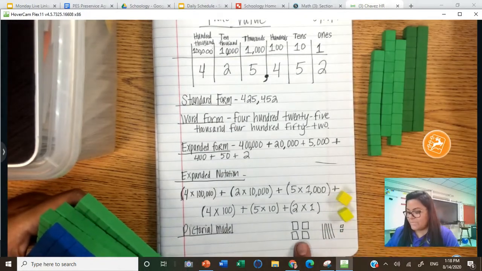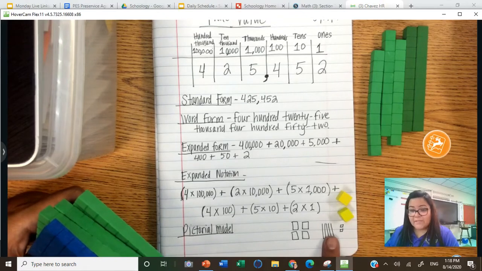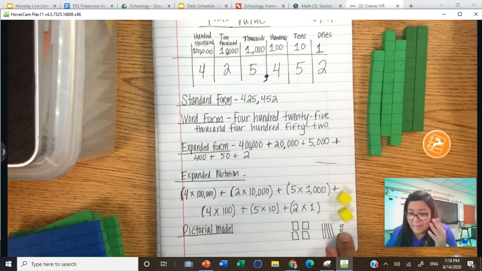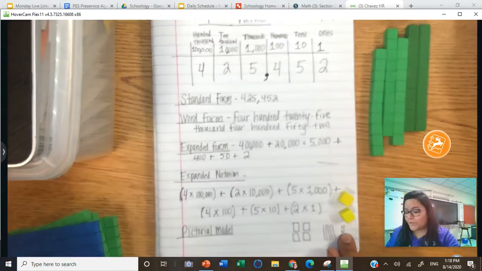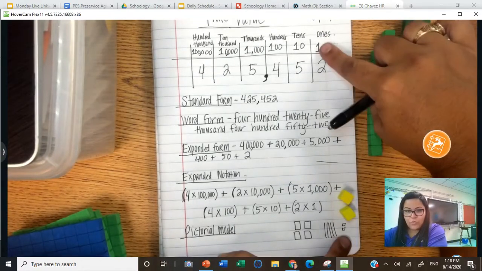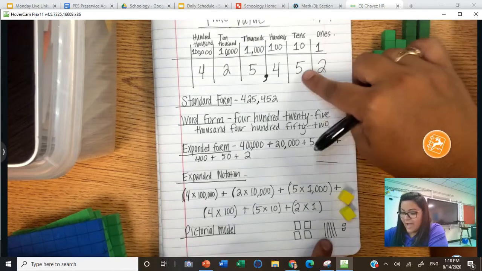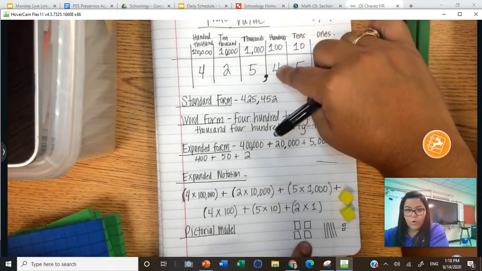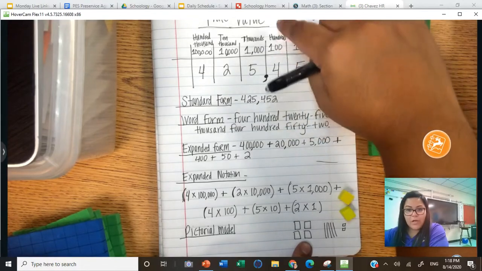Okay. Here we have 4 hundreds, 5 tens, and 2 ones. Okay. If you don't know how Ms. Chavez is coming up with these numbers, let me refresh your memory. 2 ones, 5 tens, 4 hundreds.